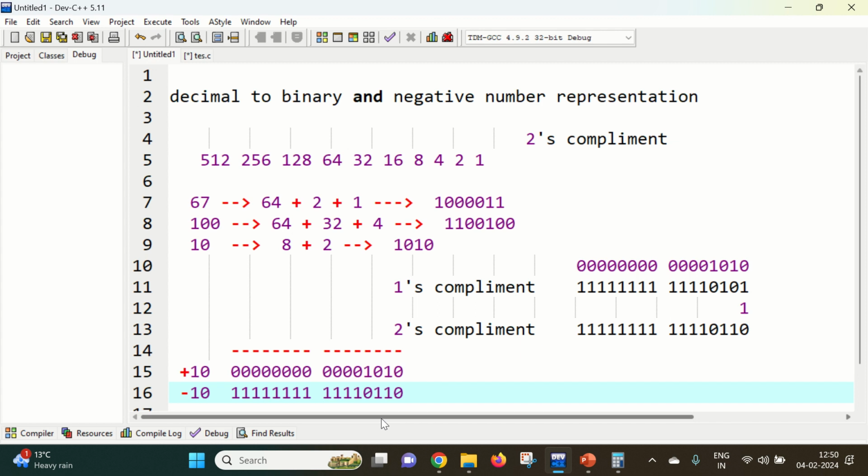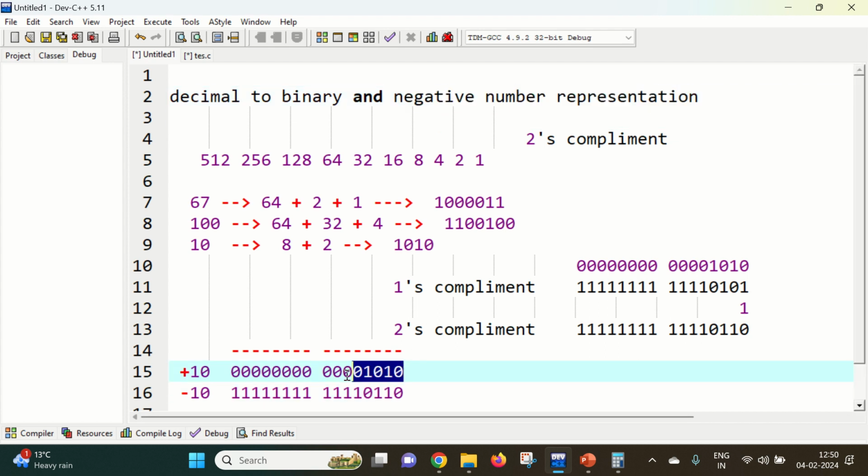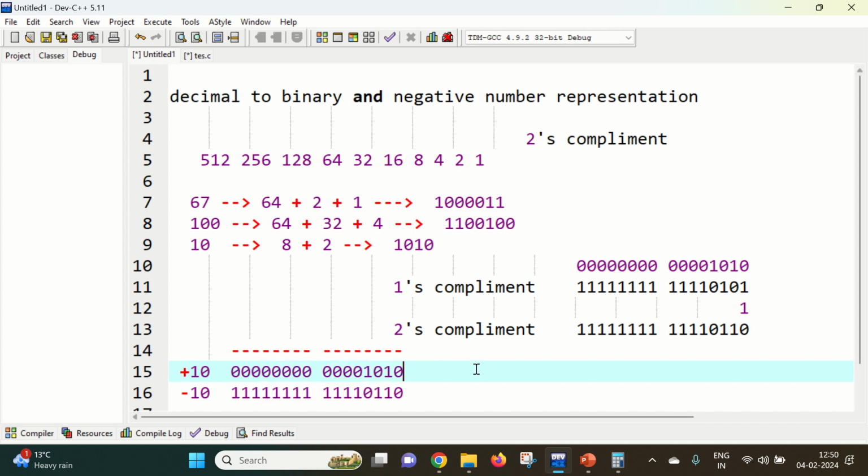This is how minus 10 is represented. To represent any negative number, first you have to write the positive number, how positive is represented, and after that take the 2's complement of that number, and whatever number comes is your minus 10. So now you can see that minus 10 is written like this.